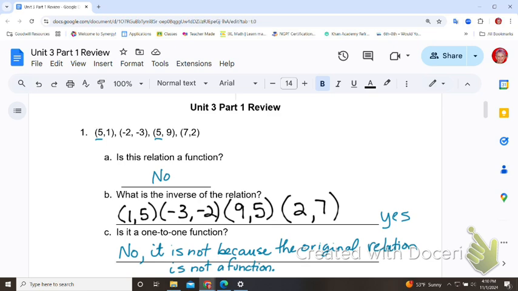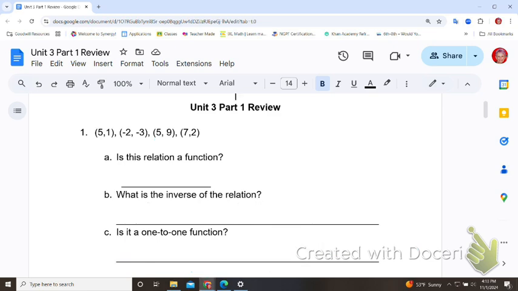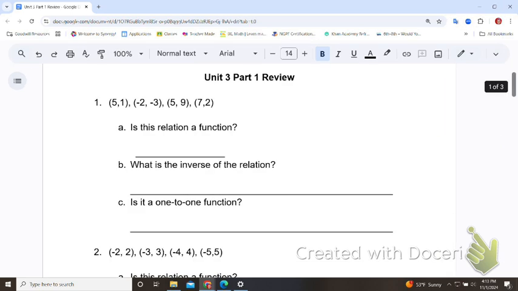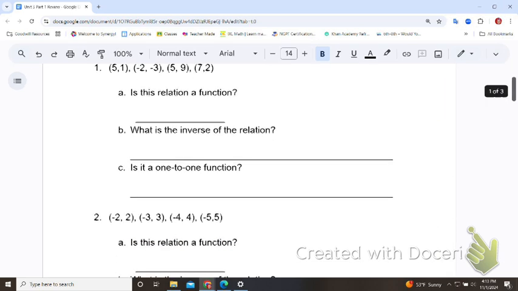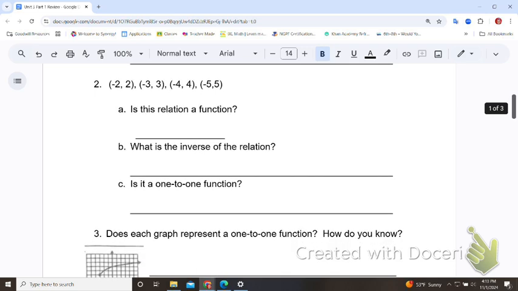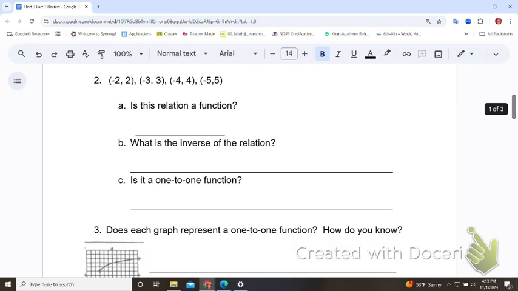All right, next up, another one about functions. Let's get rid of that, show us a little more space here. So on number 2, again, we're asking, is this relation a function? And as I look through the x's, they are all different. So in this case, yes, it is a function.